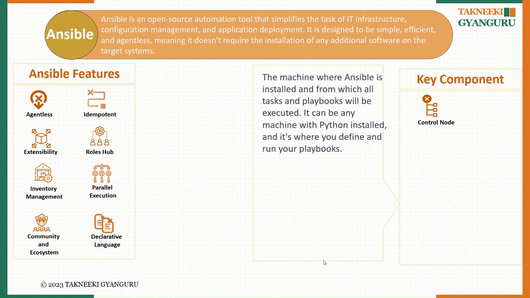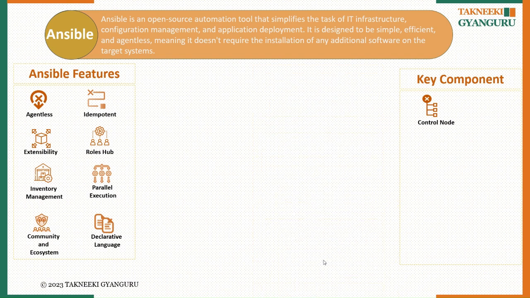So we have to configure some Ansible machine or server where we have the prerequisites like Python, pip3, and a lot of other things. Once those are installed, then we install Ansible. From here, all the playbooks will be executed, right? These are the control nodes for Ansible.